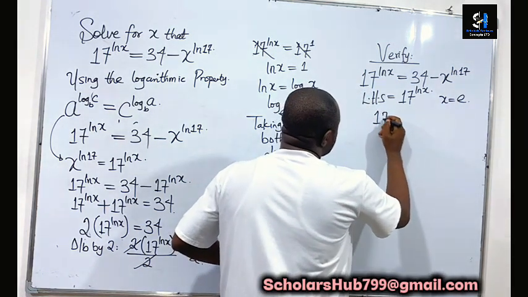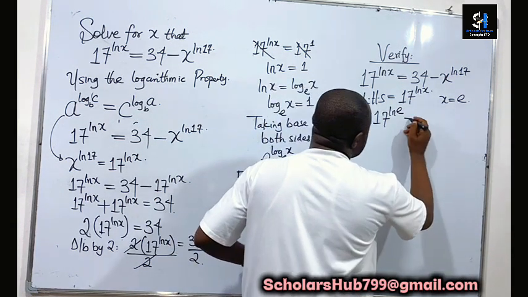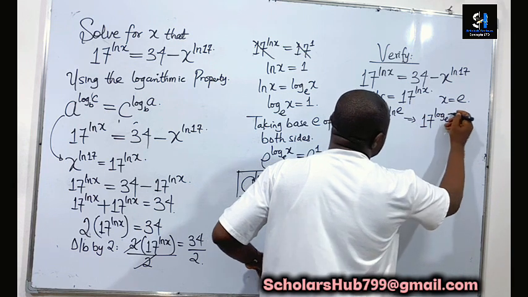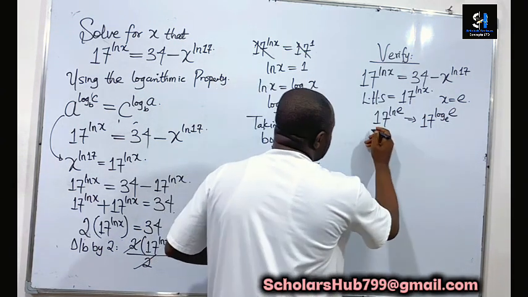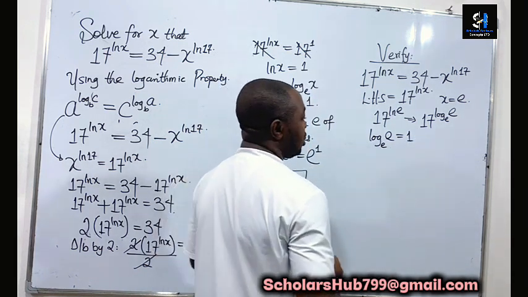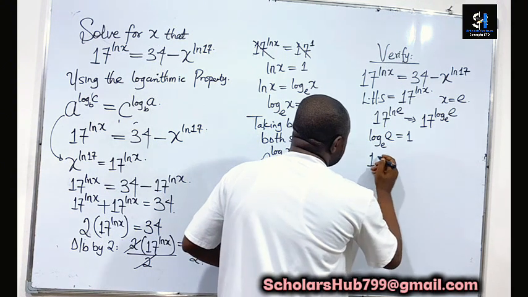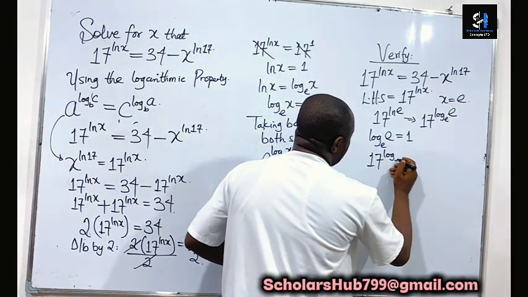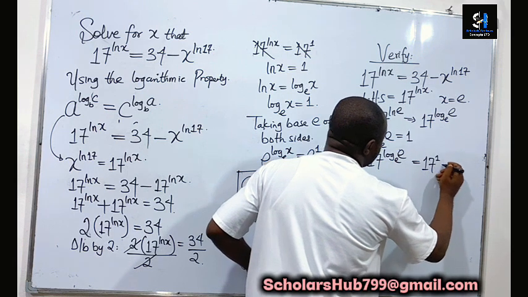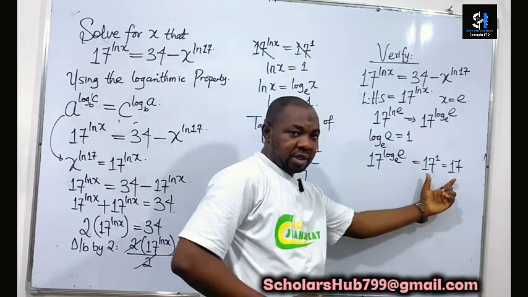So this will be 17 raised to the power of ln e, and this is the same as 17 raised to the power of log base e of e. And we know that log base e of e is equal to 1, which is also one of the properties of logarithms. So 17 raised to the power of log base e of e will be equal to 17 raised to the power of 1, and that will be 17. So this is the left hand side.